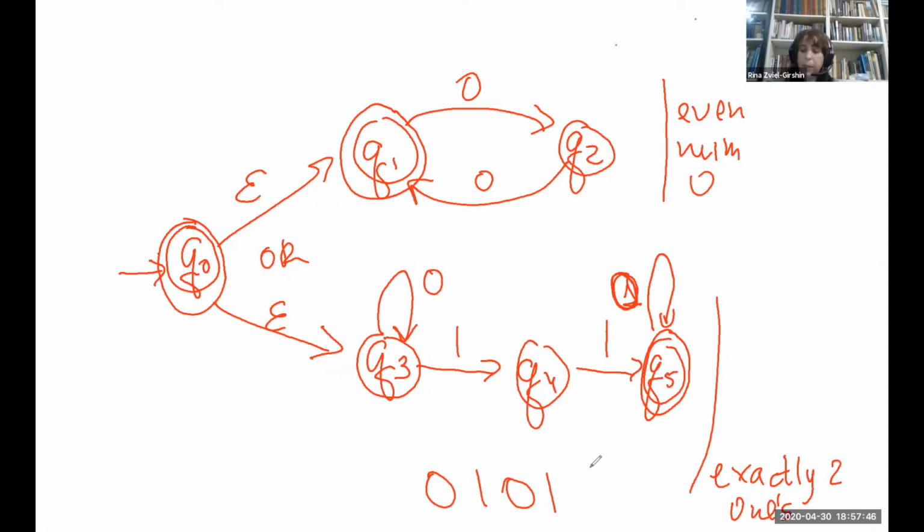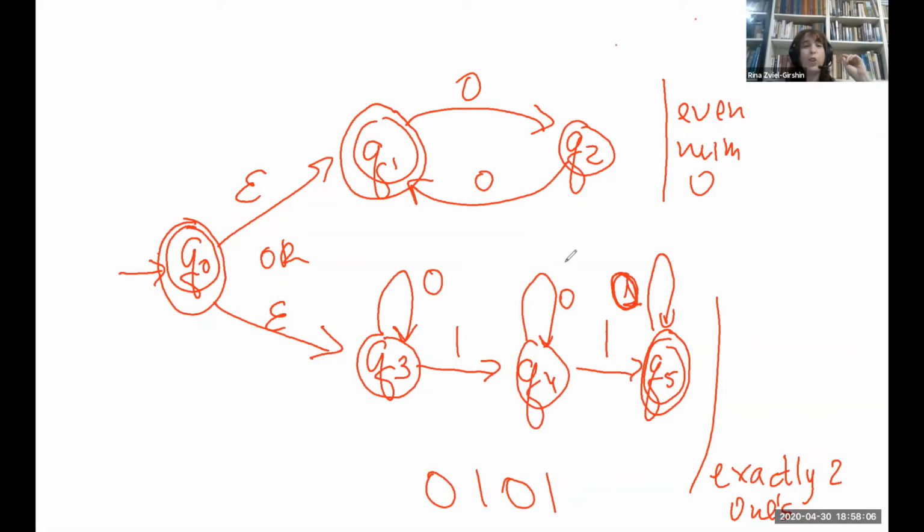So basically, in Q4 and 0, what should I do? Guys, state Q4 and 0. How do you make sure it's an even number of zeros in the Q3 and Q5? Yeah, you had zeros here.